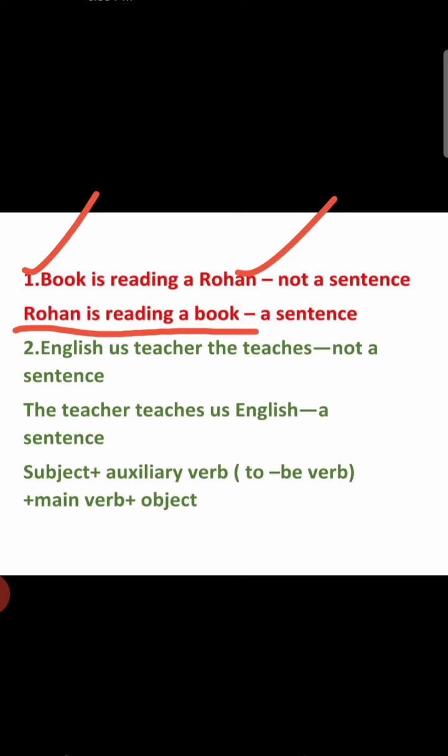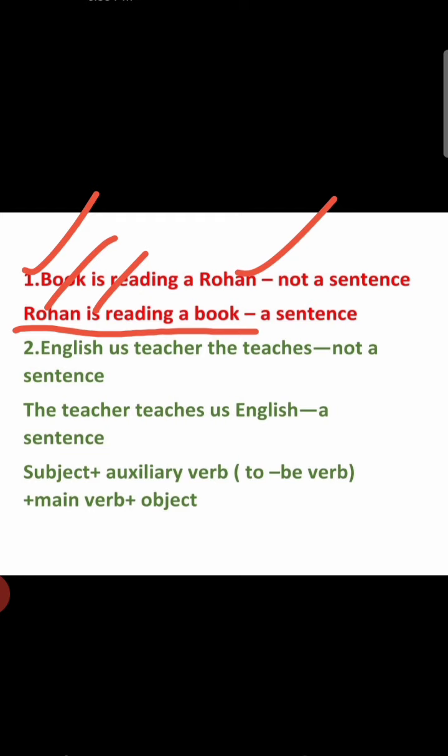Why is it a sentence? Because it expresses a meaning, and another thing, it follows a certain pattern. At first the subject is written, then the auxiliary verb, which is the helping verb, or you can call it the to be verb. Then the main verb is written, read, then the ing, because it is written in present continuous tense.